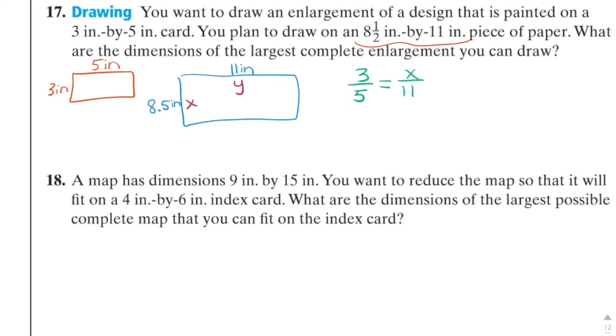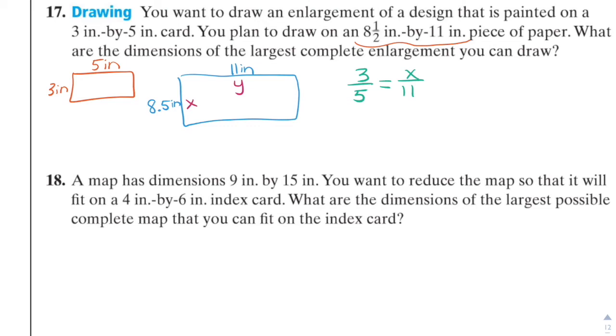So what I'm doing is I'm using X and 11, and next time I try this, I'm going to do 8.5 and Y, because I'm restricting one of the variables to see which one I could possibly enlarge to go as large as possible without going over our paper.